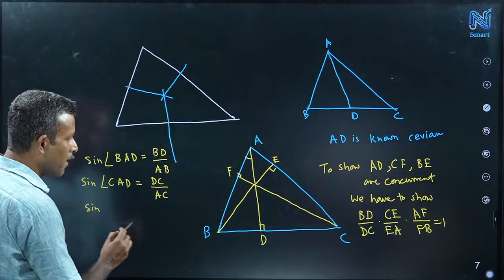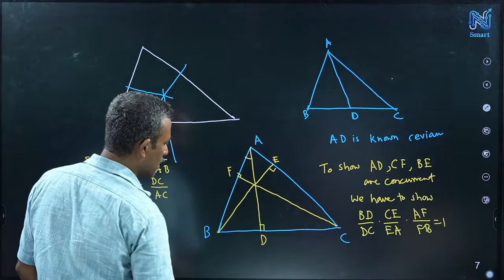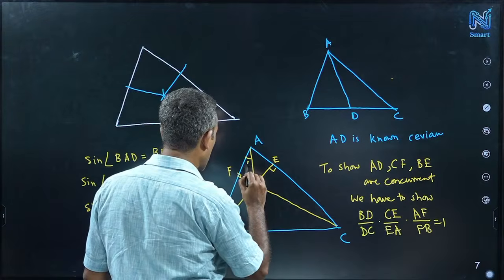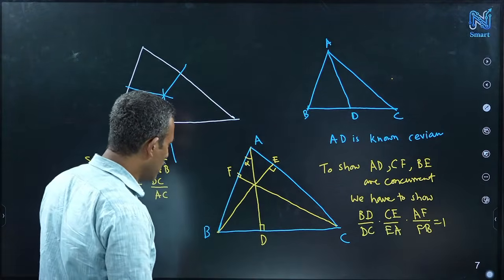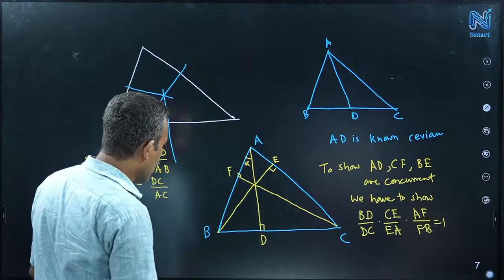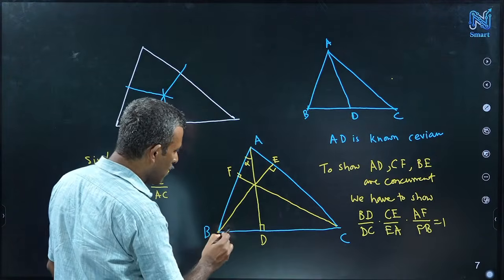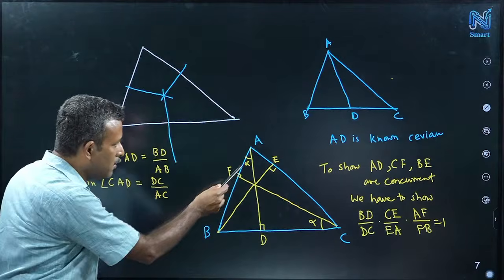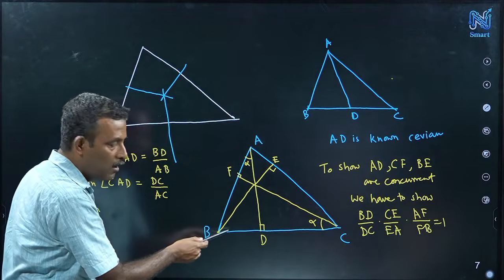Okay, we just write some name here. Say alpha. This is also alpha, right? Because this is 90° minus B angle, and this is a right angle.